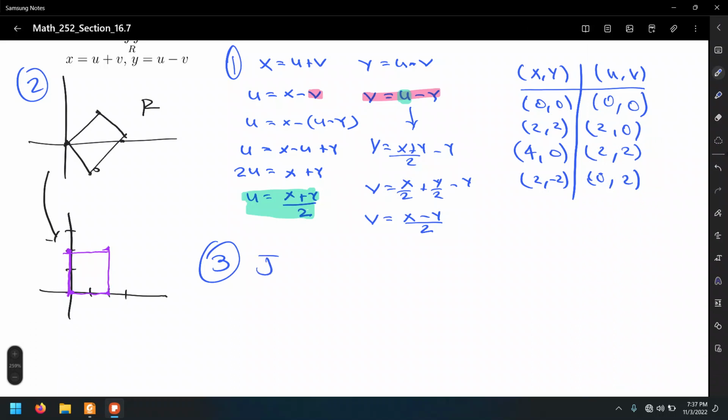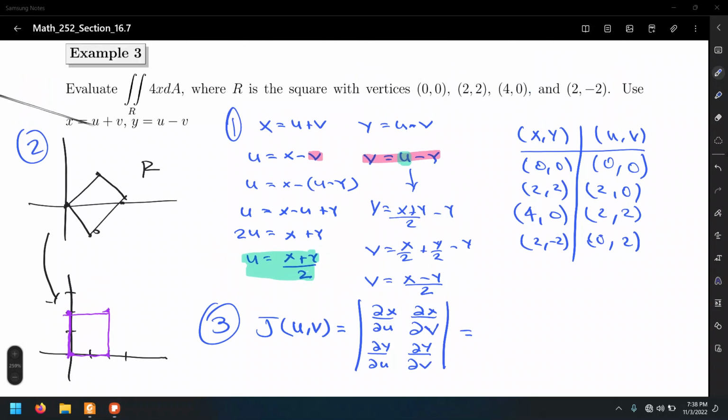So the Jacobian over the world u and v will be the partial of x with respect to u, the partial of x with respect to v, the partial of y with respect to u, the partial of y with respect to v. And well, let's find the partials from here. What's the derivative of x with respect to u? The derivative of u, isn't that 1? So that's 1.